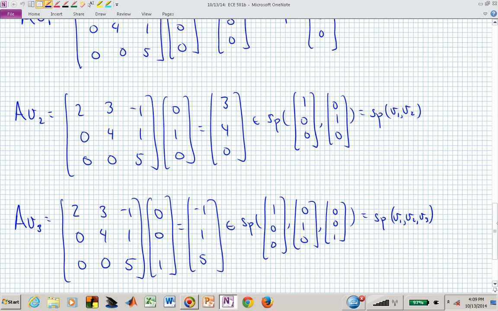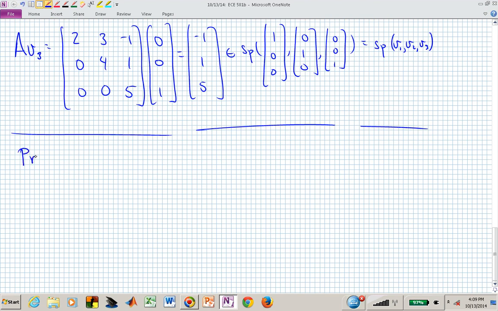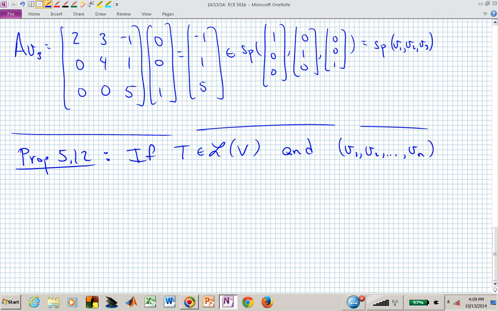That then leads us to this proposition 12 in chapter 5, which says if we have this linear map, or this linear operator, on the vector space V, and suppose that we have a basis v sub 1 up to v sub n on that vector space, then we can actually show the equivalence of three different statements.